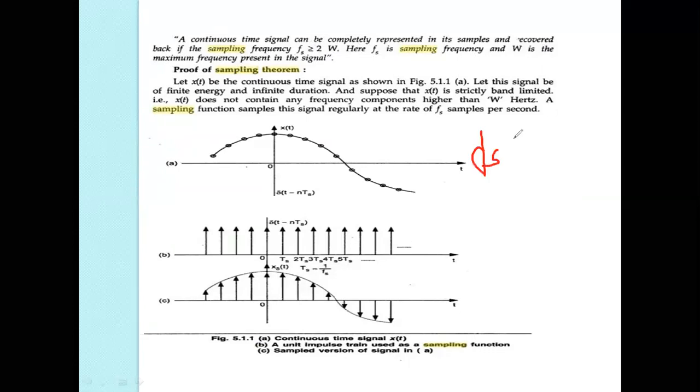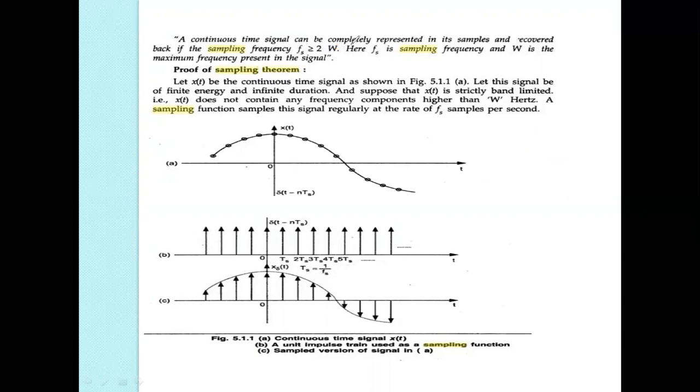The same statement: a signal which is band limited to Fm hertz can be completely recovered from its samples if the samples are taken at a rate of Fs greater than or equal to 2 Fm, where omega is nothing but Fm, the maximum frequency present in the signal. Got it, my dear students? So both statements are the same.